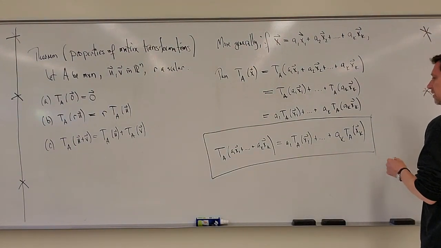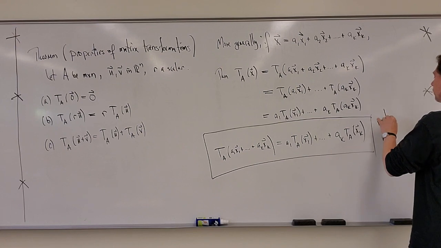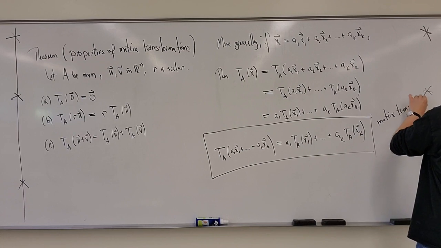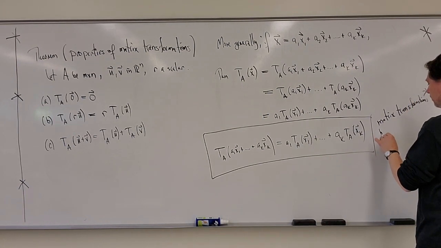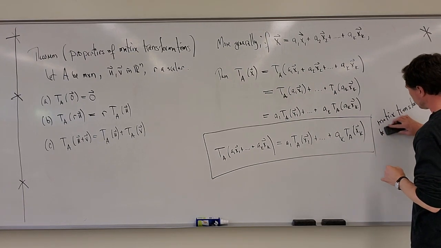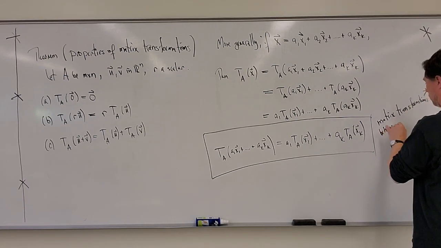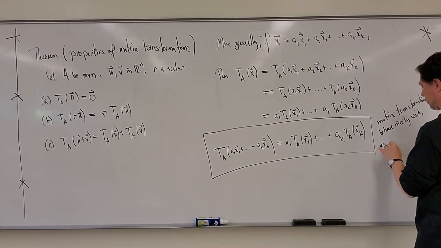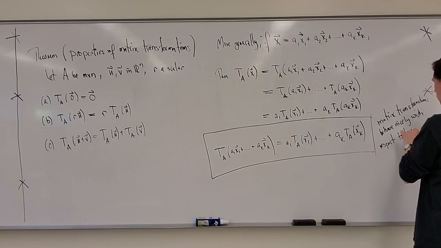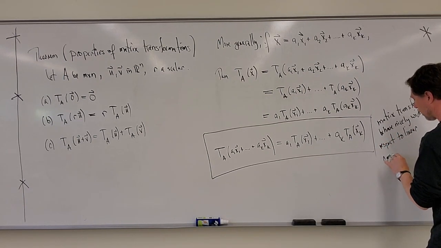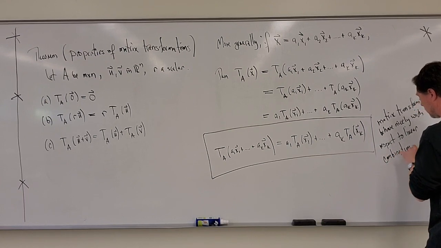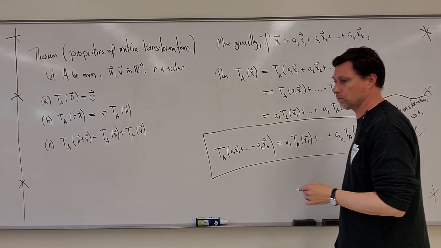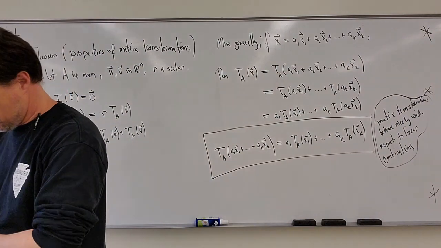So let's write it like this. Matrix transformations behave nicely with respect to linear combinations. Okay, so that's what that shows me.